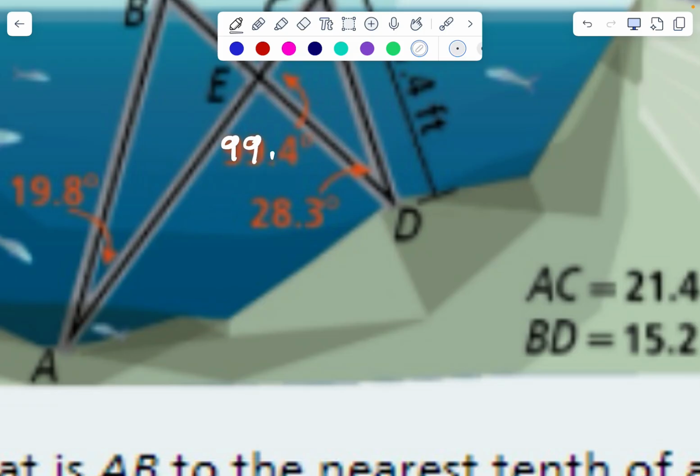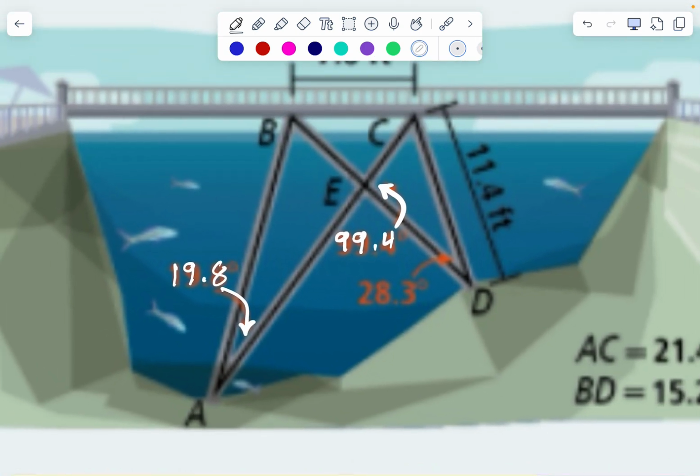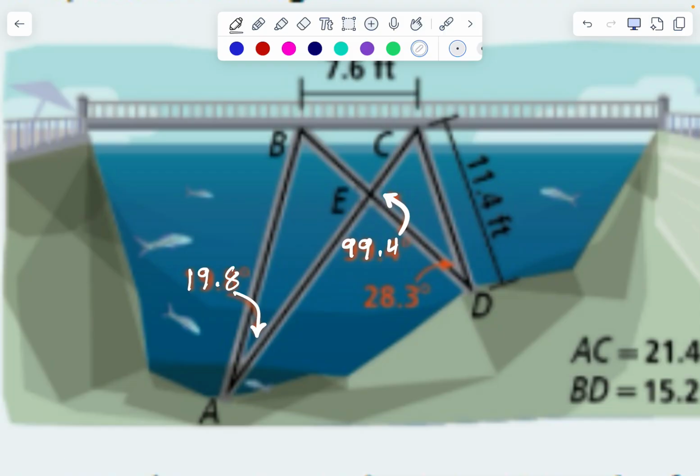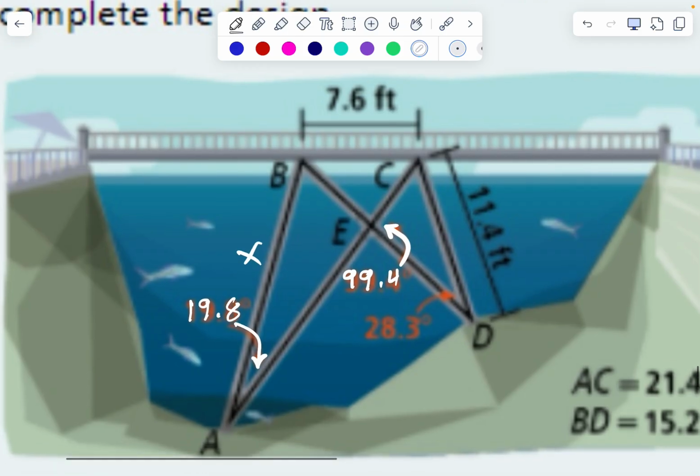This is 99.4 right there, and 19.8 right there. And we're solving for AB, at least in the first question. By the way, there's that 7.6 up there at the top.